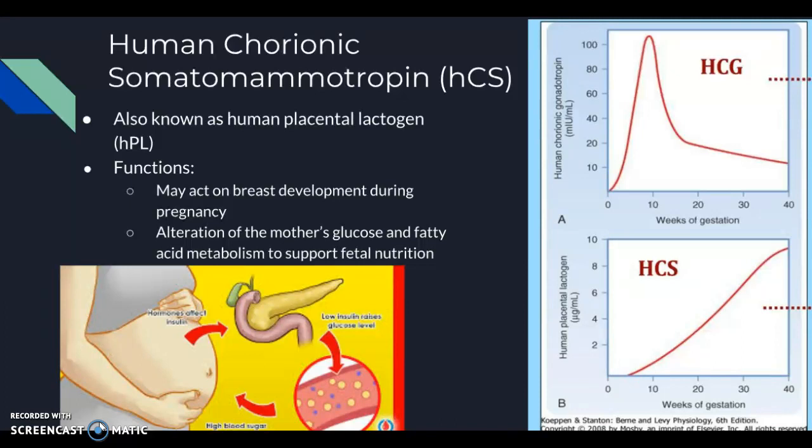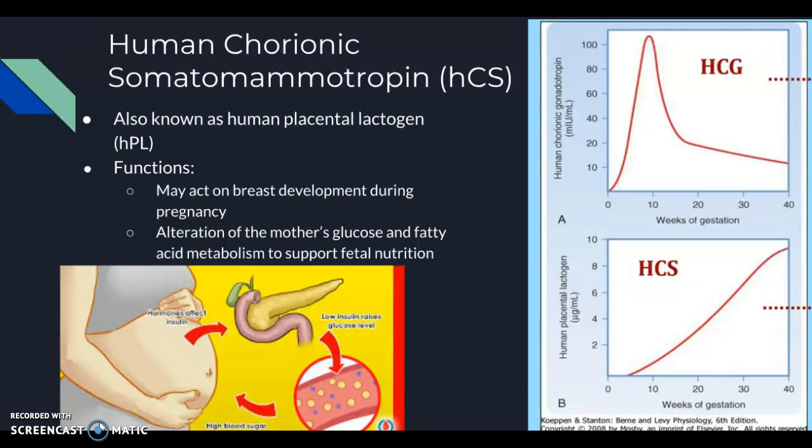This hormone also acts to increase maternal lipolysis, which is the breakdown of fat to release more free fatty acids, and the mother can use this as fuel because so much glucose is being sent to the fetus.